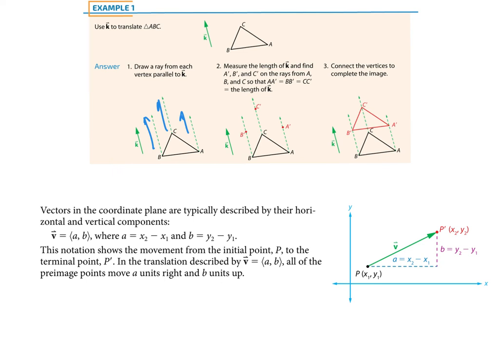Sometimes they're going to notate it with a broken parentheses, basically angle brackets, and this is telling you how you're going to move your x and how you're going to move your y. When you have this little a, b type thing, the first one is telling you the direction of all your x's.